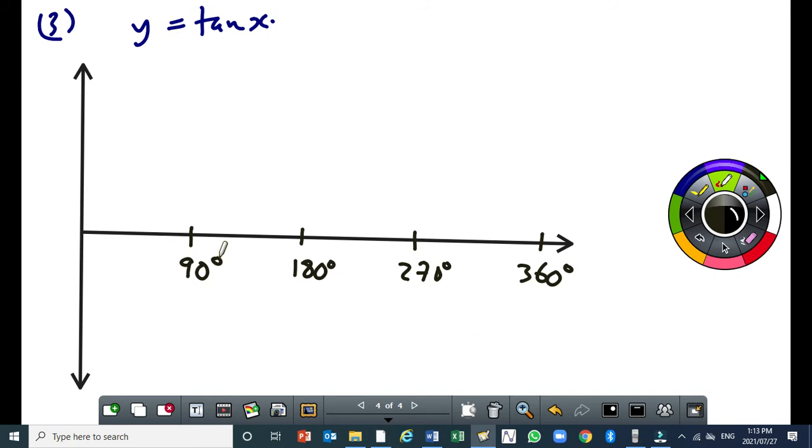But I can put, say, 1, because tan 45 is 1, so it's somewhere there. If I put 1 there, and then I'll put -1 there. Then, first thing, you must draw the asymptotes. The first asymptote is at 90 degrees because tan 90 is undefined. The second asymptote will be at 270.